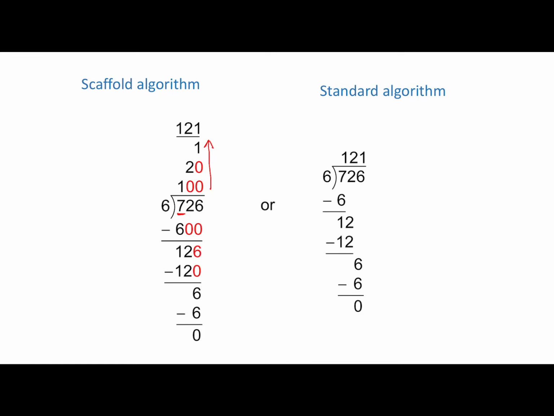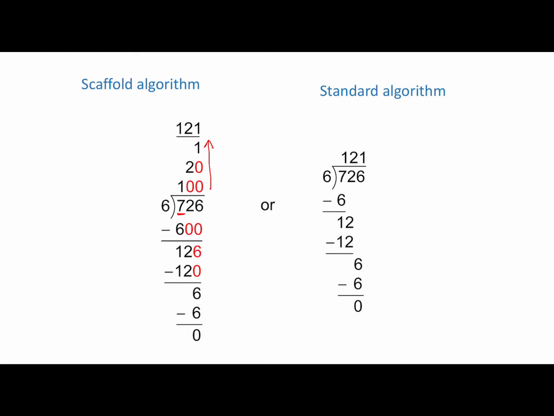And you're going to ask, how many hundreds can I multiply 6 by to subtract from my dividend? In this case, I can multiply 6 times 100. And these red zeros are reminding us that we're multiplying by hundreds, right? So then I'm going to subtract 600. And I'm left with 126, right?